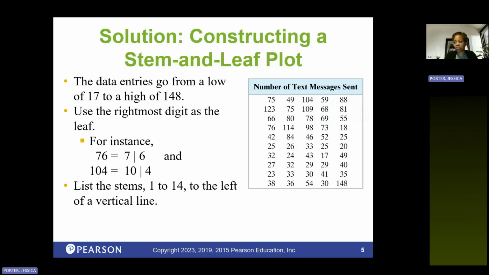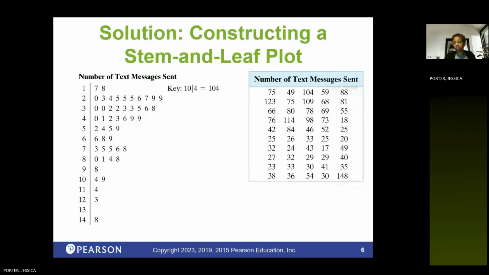Then how to construct it. You're going to list the stems from 1 to 14 on the left of the vertical line, and then you will list out each leaf for that stem. So like for 17, you've got 17, 18 on that top row.